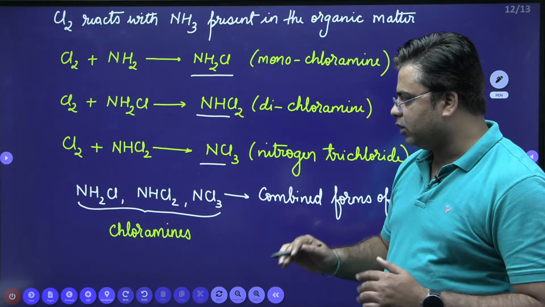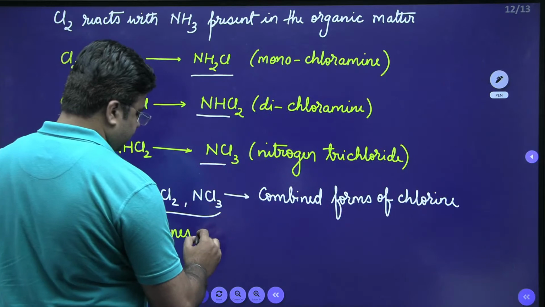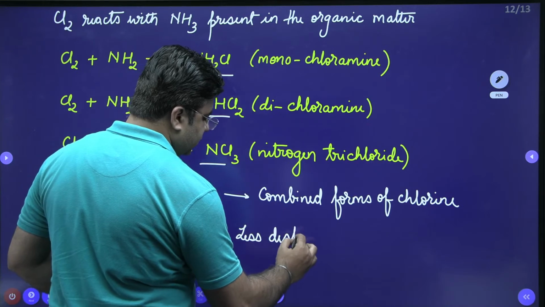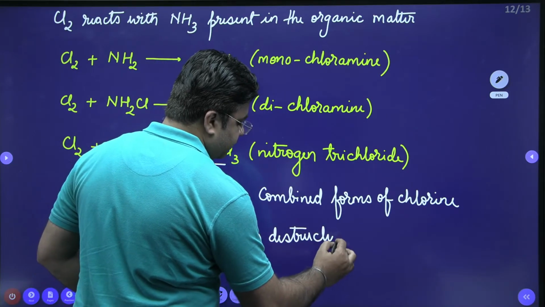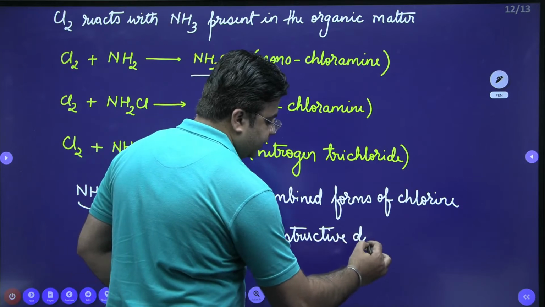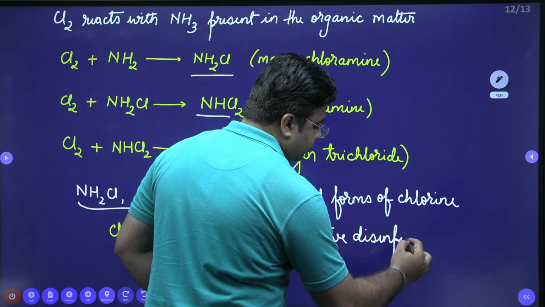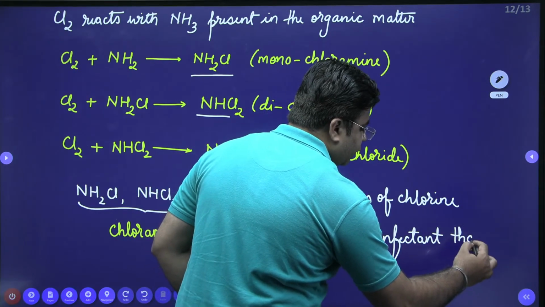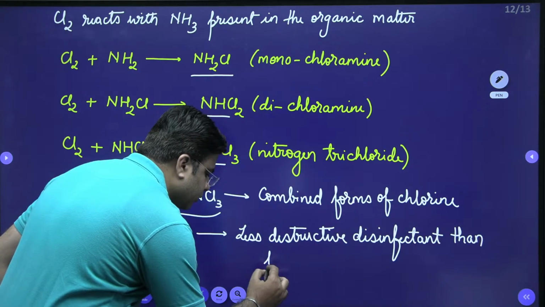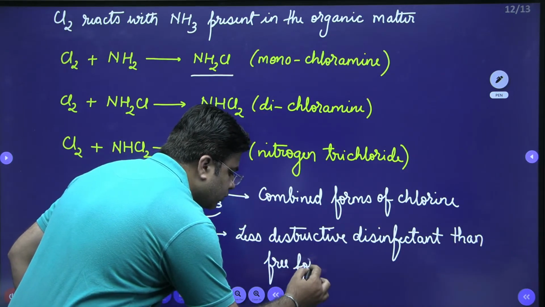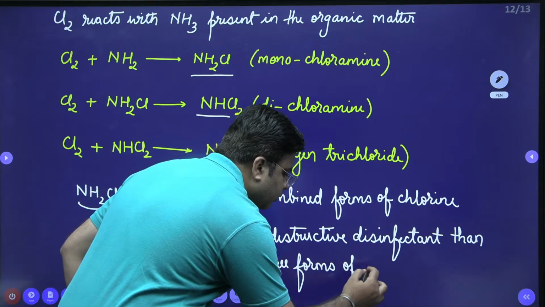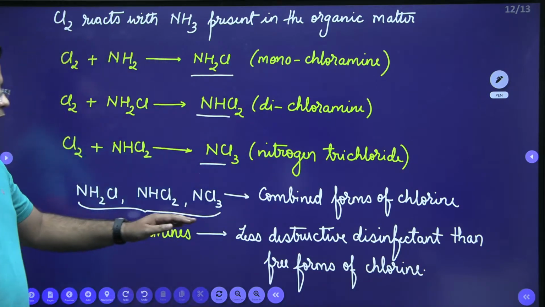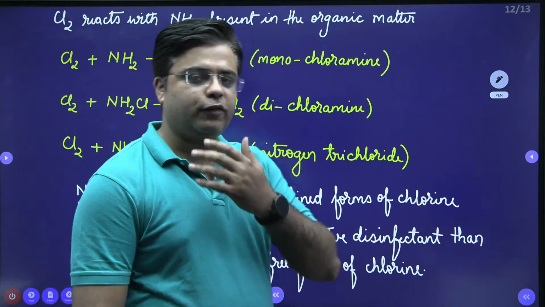So these chloramines also carry out the disinfection, but they are less effective, less destructive disinfectants than free forms of chlorine, right?